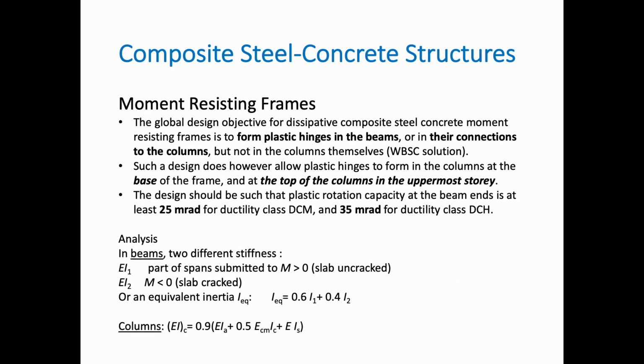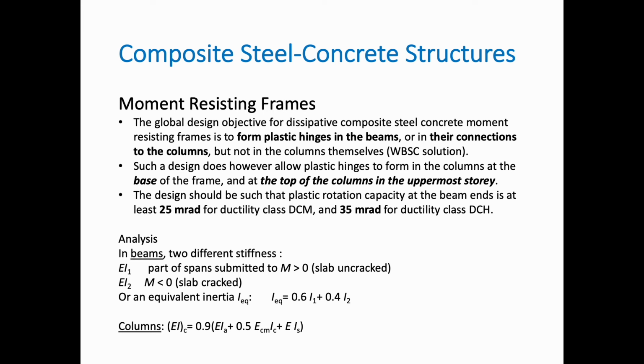So, looking at the moment resisting frames of composite structures, the global design objective for dissipative composite moment resisting frames is to form plastic hinges in the beams and in their connections, but not in the columns, exactly as we have for the steel structures as well. So the weak beam, strong column solution is also applied here.